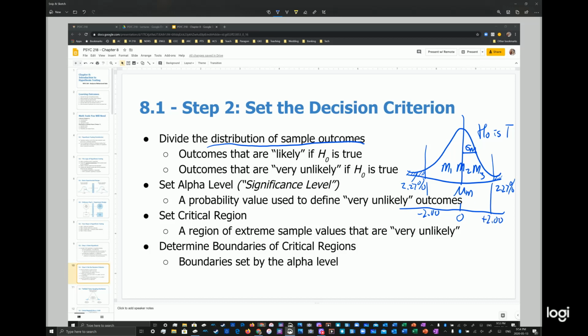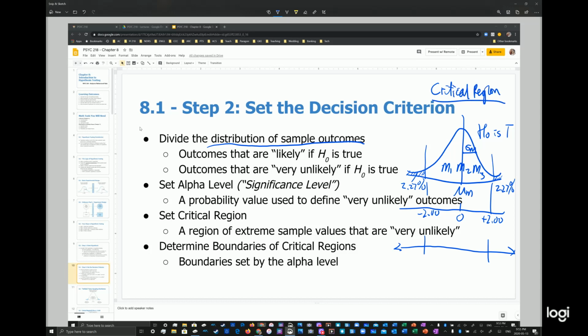So if the score happens to be within this critical region, and this is something you draw, by the way, this is step 2. So this would be your critical region right here, like this. See?